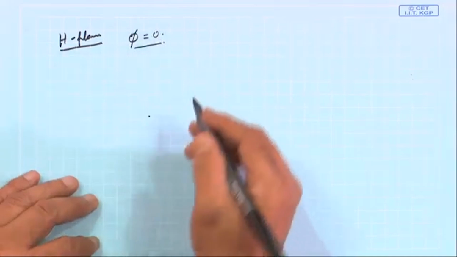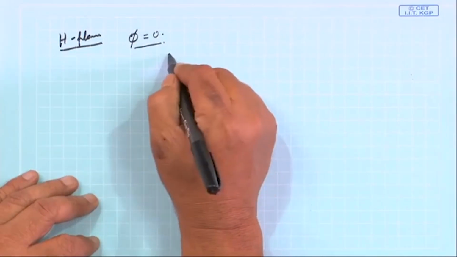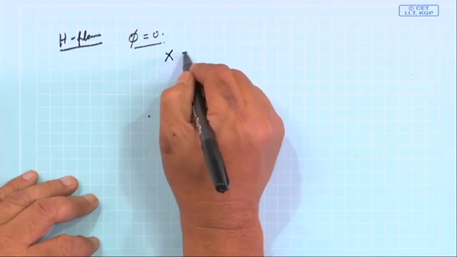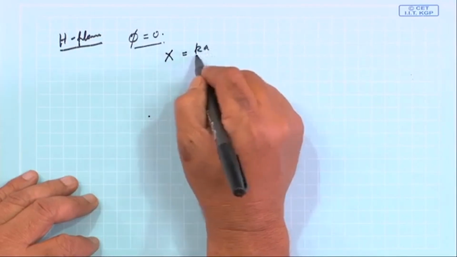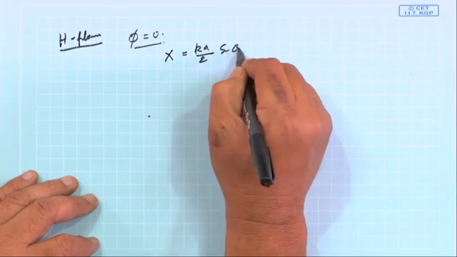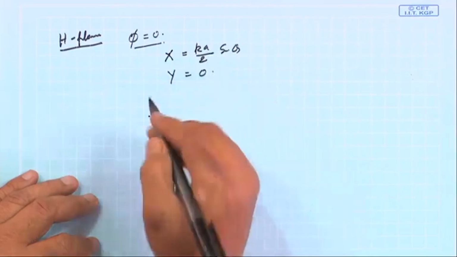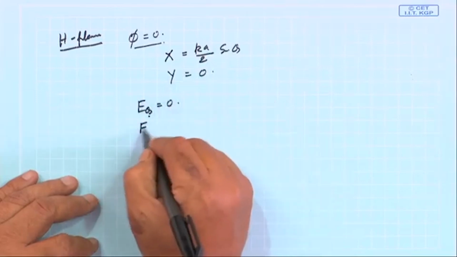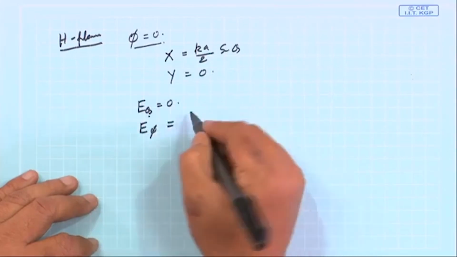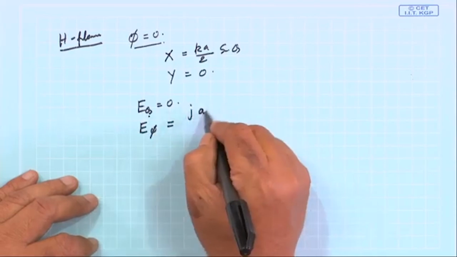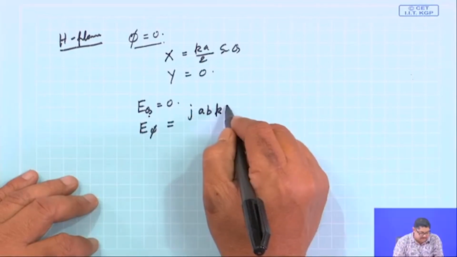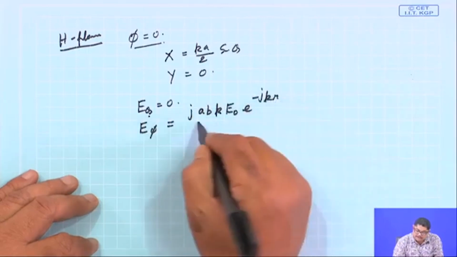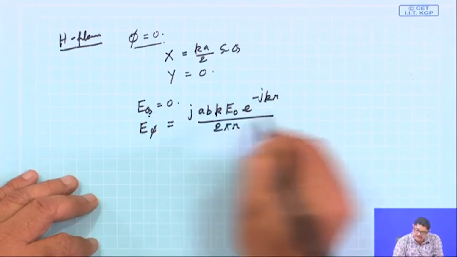There X becomes k a by 2 sin theta and Y becomes 0. So E theta goes to 0, but E phi exists, and it is again the same constant, j a b k E naught e to the power minus j k r by 2 pi r.